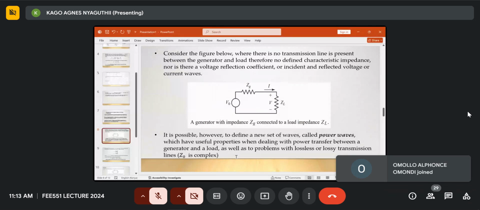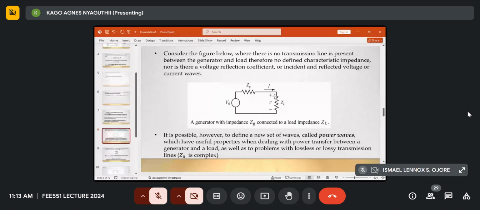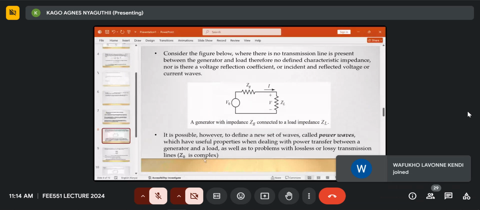So in this case, especially when VL is complex and VG, you can define a new set of waves called power waves, which have useful properties when dealing with power transfer between the generator and the load, as well as problems with lossless or lossy transmission lines when Z naught, the characteristic impedance of the transmission line, is complex.